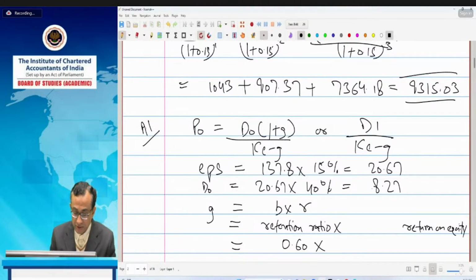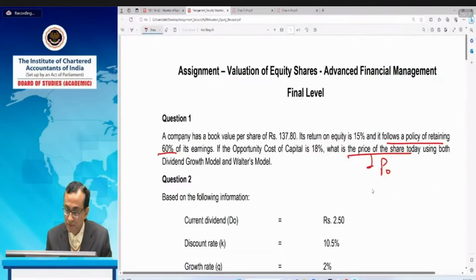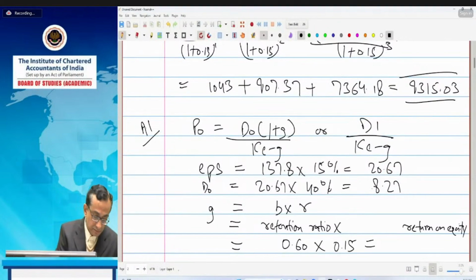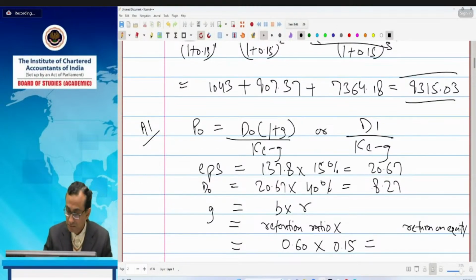And return on equity is given as 15%, so 0.15. Let us calculate it. It's 0.09, or you can say it is 9%.